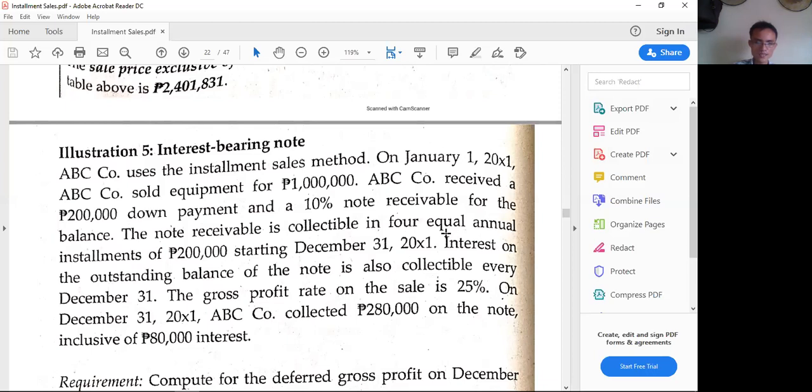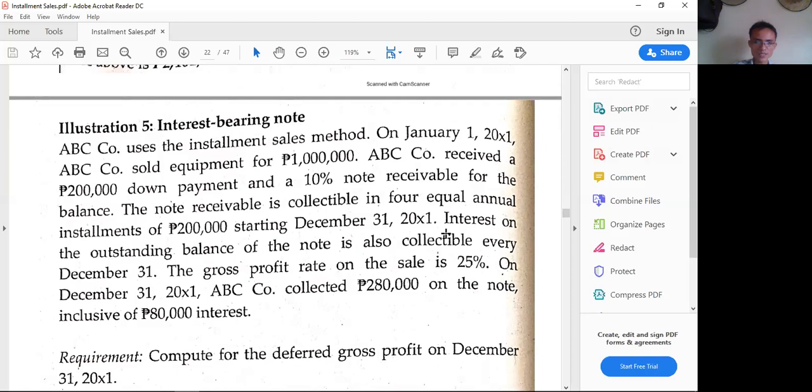So question is, how do we know that this is an interest bearing note? That could be the question, right? How did I know? Because of the wording here. Received a 200,000 down payment and a 10% note receivable for the balance.